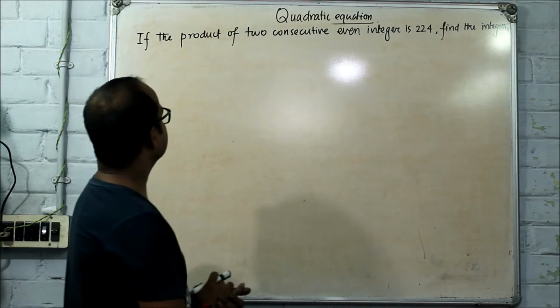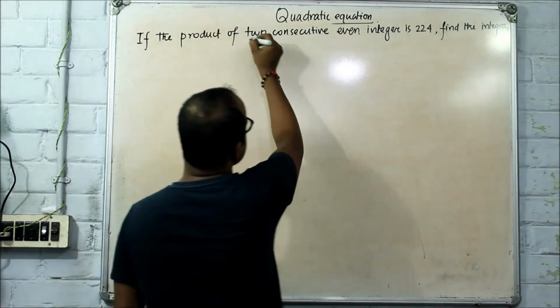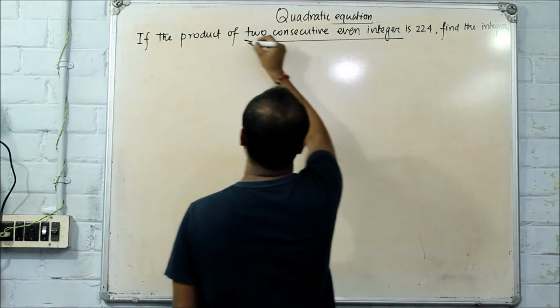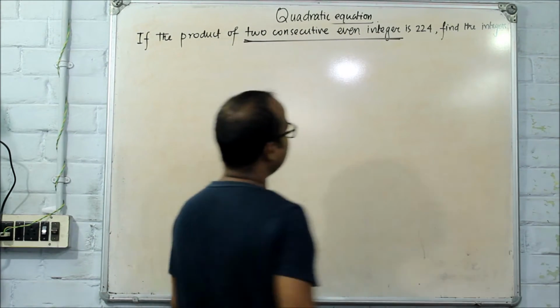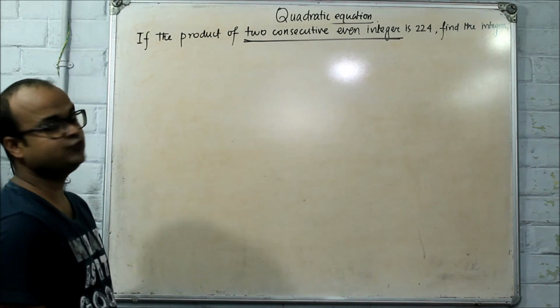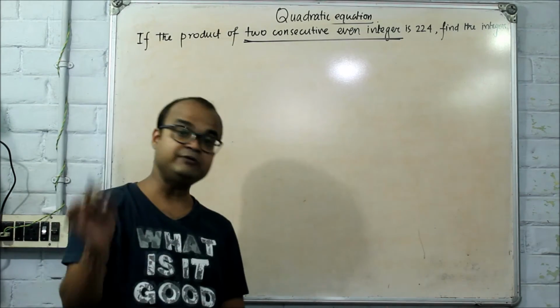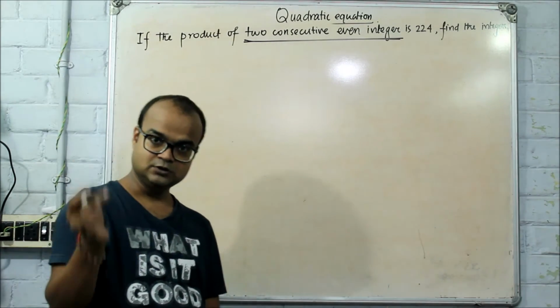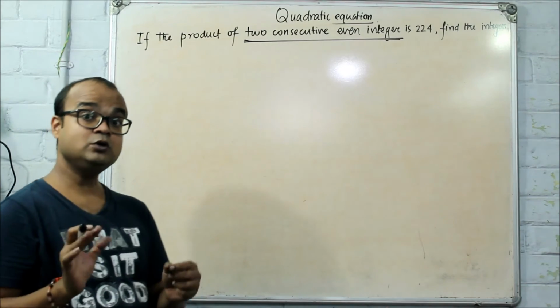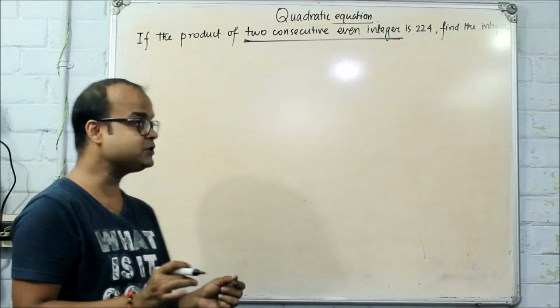Moving on to the next problem: the product of two consecutive even integers is 224. In case of consecutive even integers, as I told you, you need to consider the numbers as 2x and 2x plus 2.